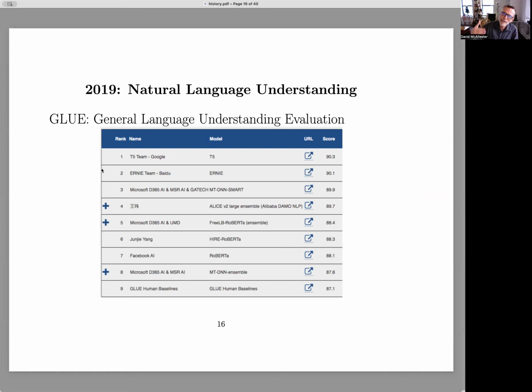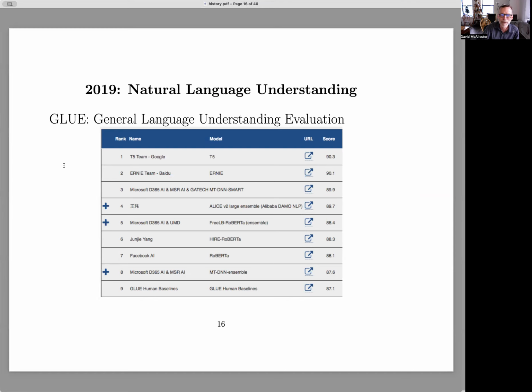Anyway, it was pre-training language models. So you pre-train a language model to predict the next word or to predict some masked word, masked language modeling. And then you take that pre-trained model and you fine-tune it on some downstream task.